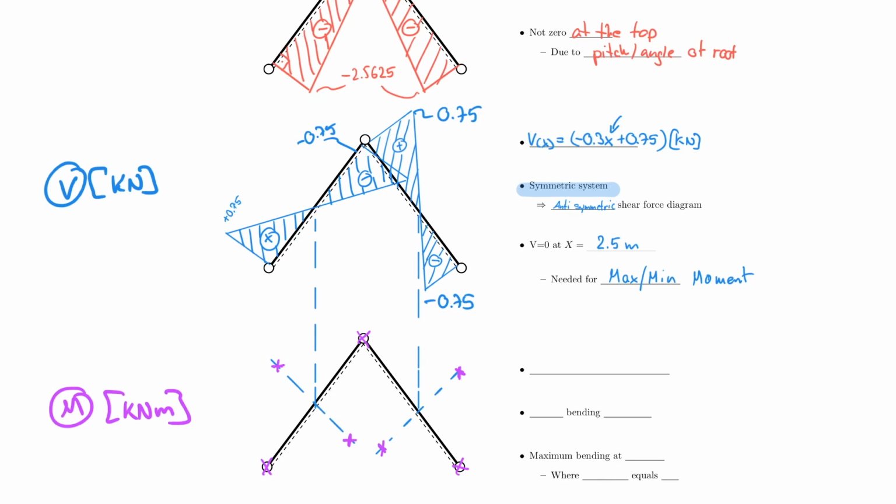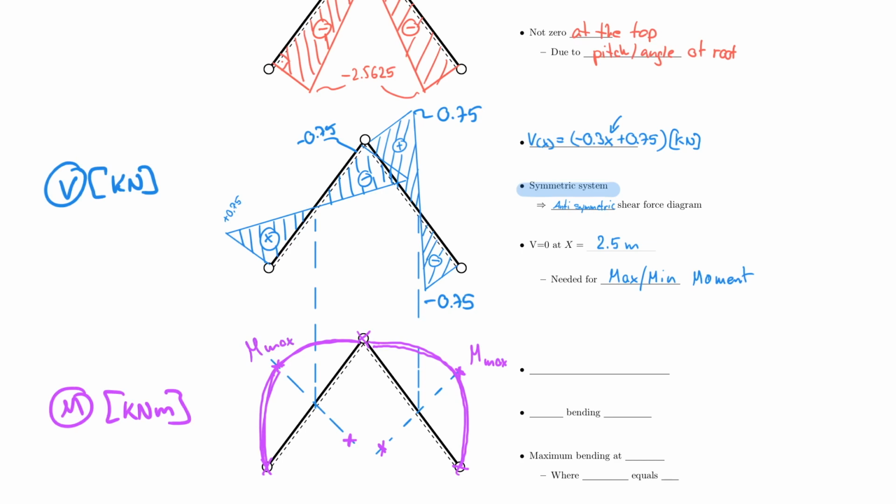And so I can now easily draw my moment. So my parabola would sit like this, and same on the other side.